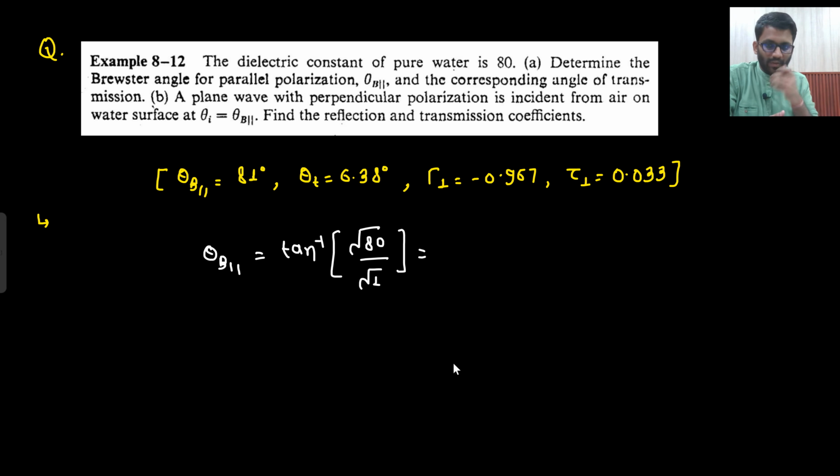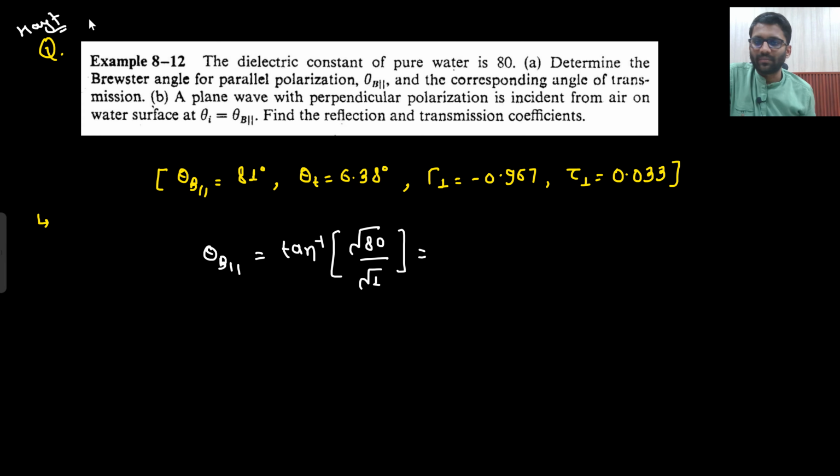Tan inverse of root 80 is 83.62. I had written 81 degree here. Why did I write 81 degree? I must have directly copied it from the Hayt book, I am not sure. But the answer is 83.62, not 81 degree.